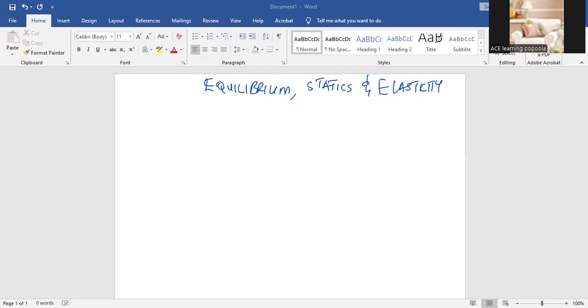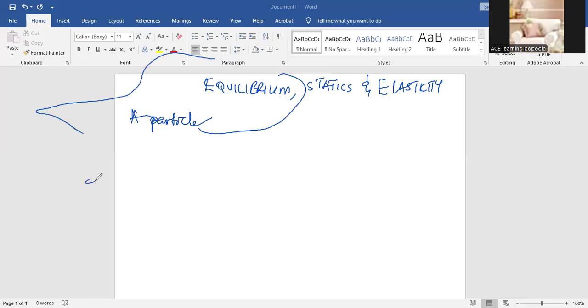I believe from our secondary school days, we have learned about conditions for equilibrium.